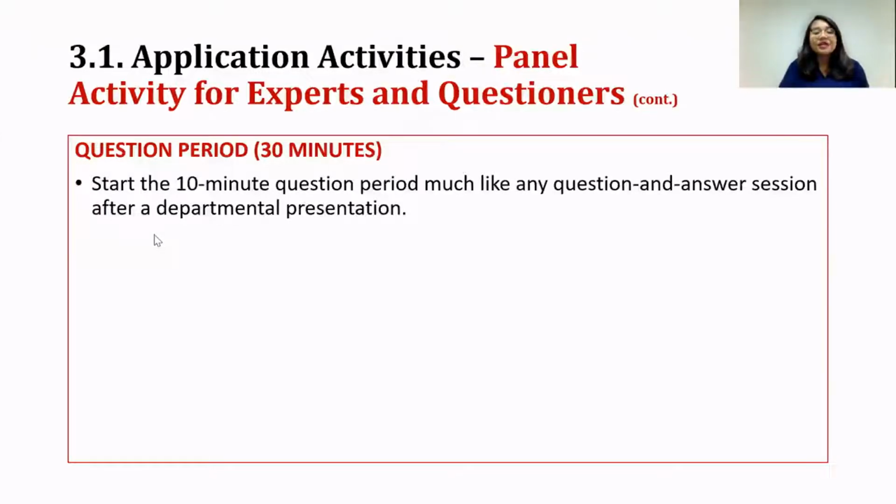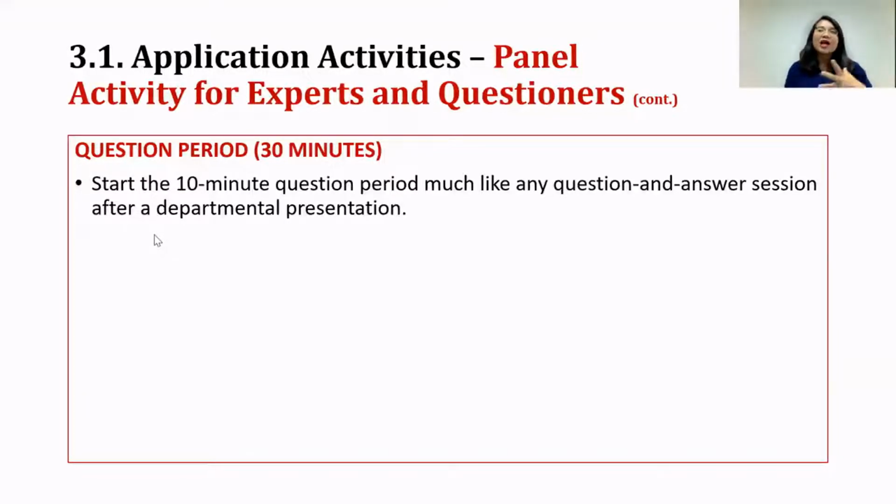Start the 10-minute question period, much like any question and answer session after a departmental presentation. I know that the name of the lecture, which is about the application activity of lecture 7, is departmental presentation. But the main skill that we learned in this lecture is the question and answer session.